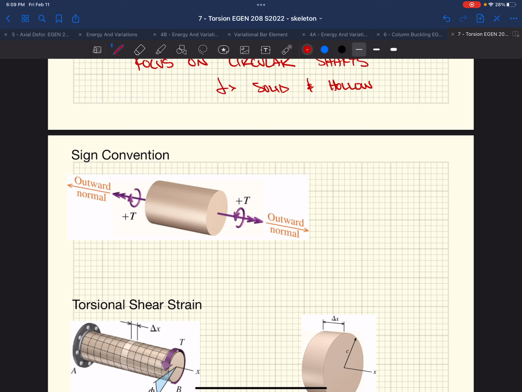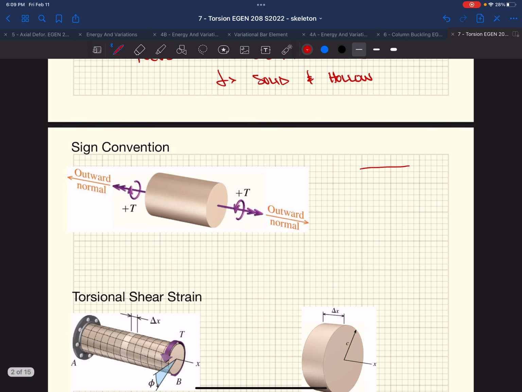If we drew a two-dimensional free body diagram and took a section of this member and looked at the end of it, we would denote that torque, torque 1 on one end, torque 2 on the other end, and we have to have our coordinates.